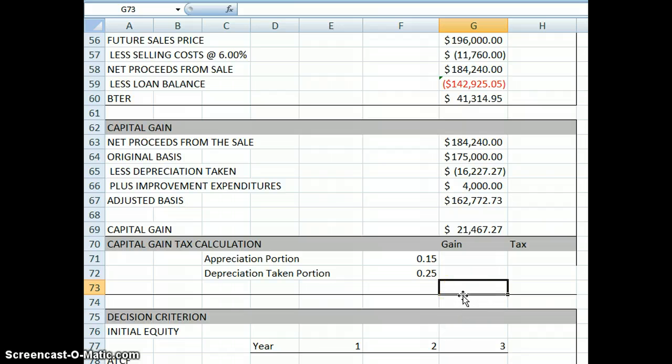So our total is going to equal that amount. Our depreciation is going to be 16,000. Let's make that a positive. And then this number is just the difference of those two.